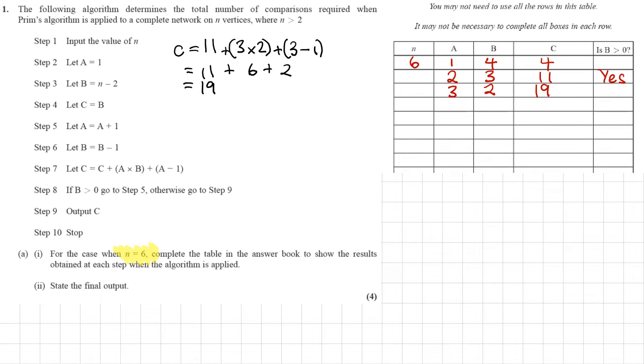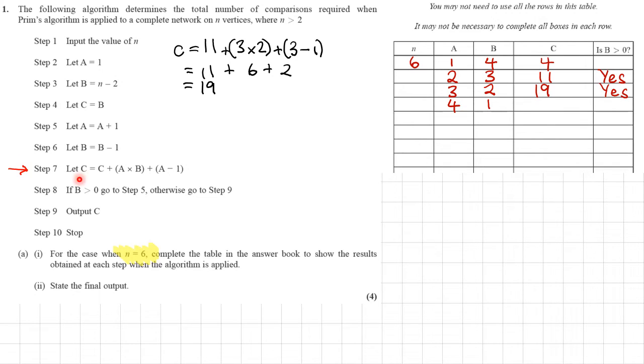Step number 8, if b is greater than 0, yes it is, so that means we're going to jump back to step number 5 and record that in the table by writing yes. Let a equal a plus 1, so a now becomes 4. Step 6, b equal b minus 1, so b now becomes 1.